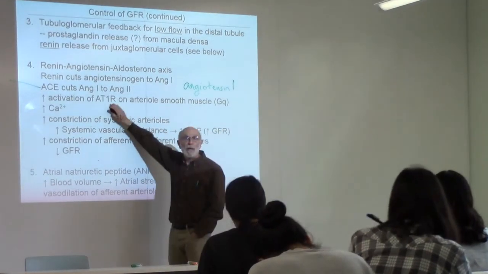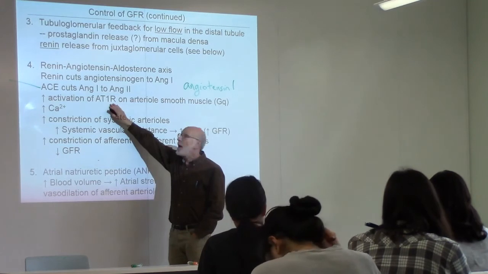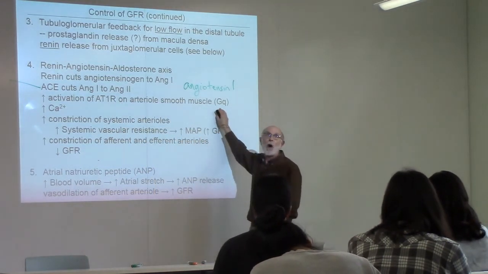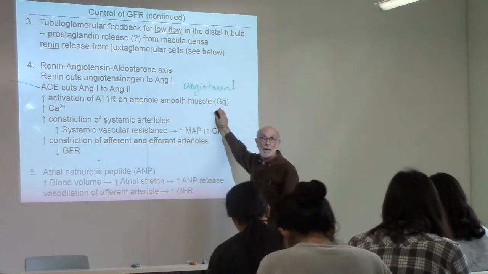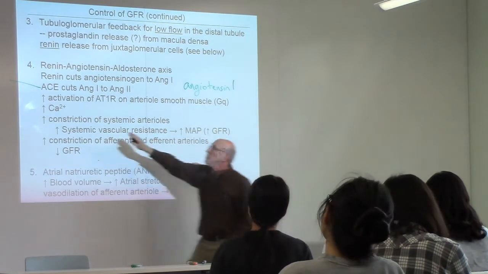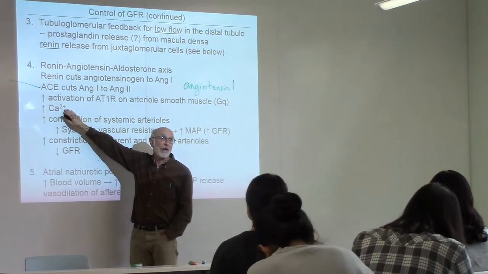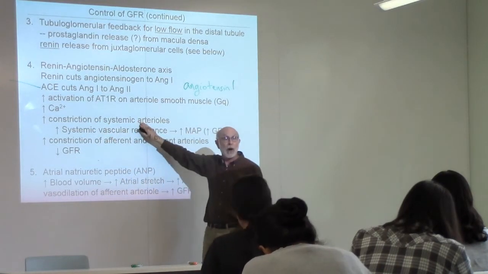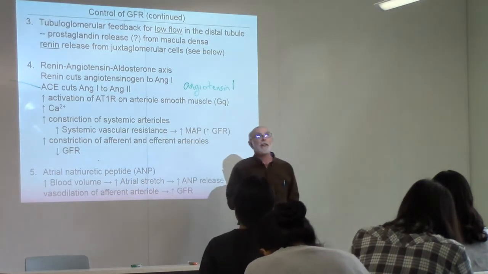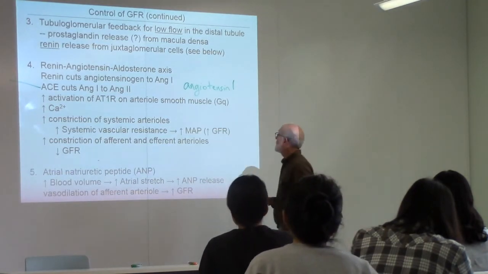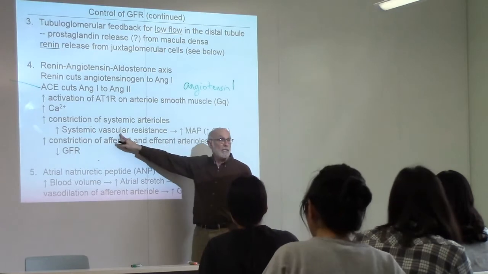Angiotensin 2 activates Gq on almost all smooth muscles. Calcium is the story here, right? Gq. Constriction of systemic arterioles, right? Remember, if we constrict systemic arterioles, we increase resistance.